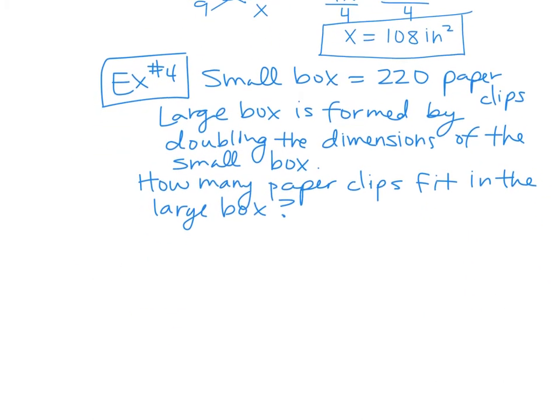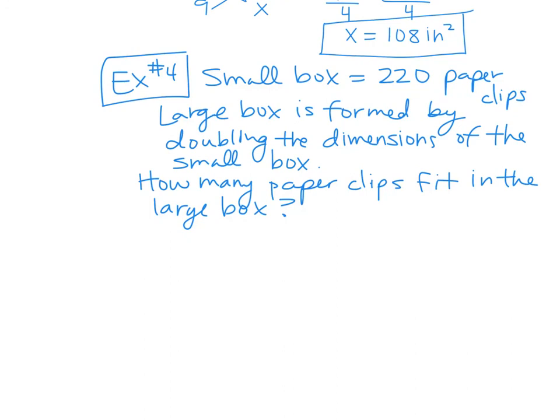So is the 220 all that will fit into the box? 220 is what will fit in the small box. I need you to think about what is area, what is scale factor, what is volume, what are we working with here? If they're saying a small box holds 220 paper clips, is that scale factor, area ratio, or volume ratio? That's volume, right? We're talking about the volume of the small box.